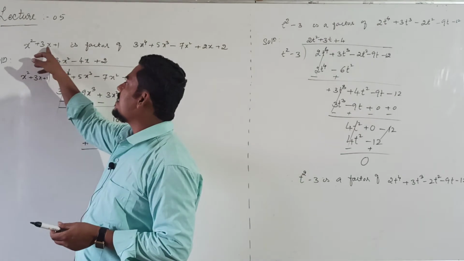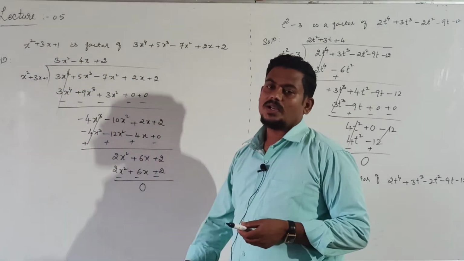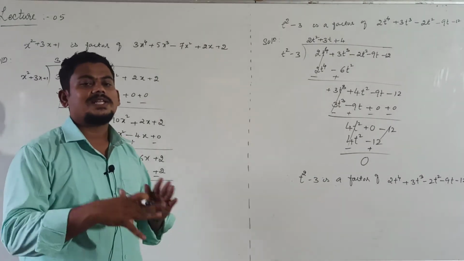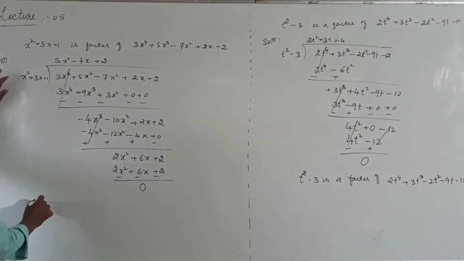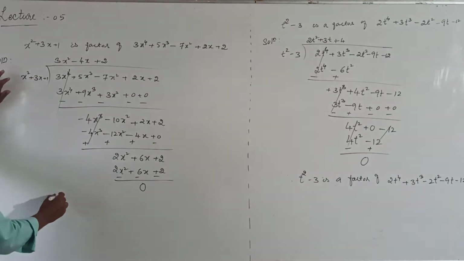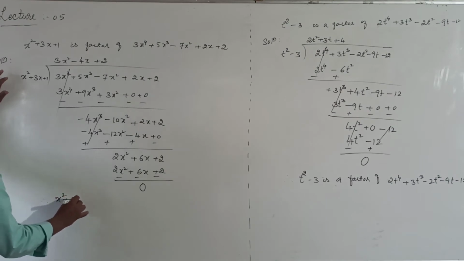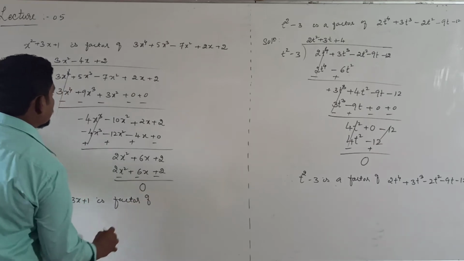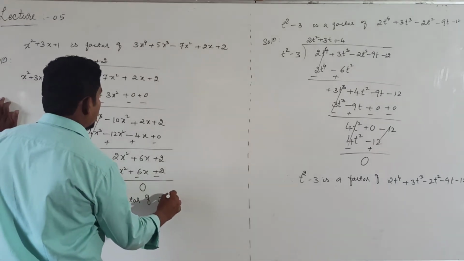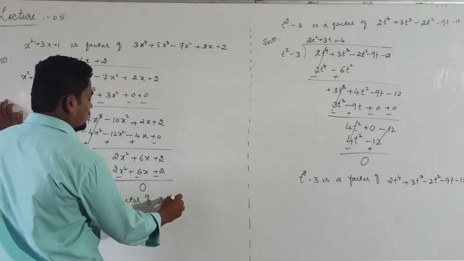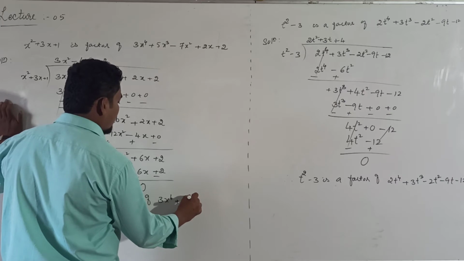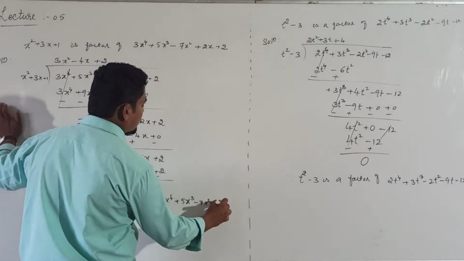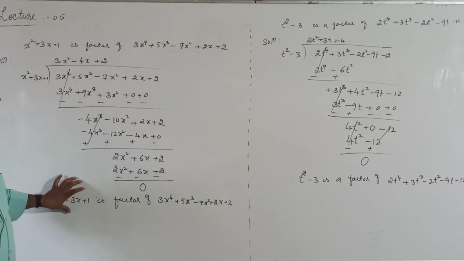Therefore, x square plus 3x plus 1 is a factor of 3x power 4 plus 5x cube minus 7x square plus 2x plus 2. If you get remainder 0, then it is a factor. If the remainder is non-zero, then it is not a factor.